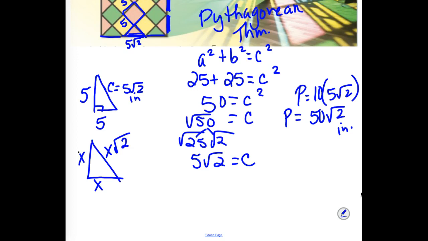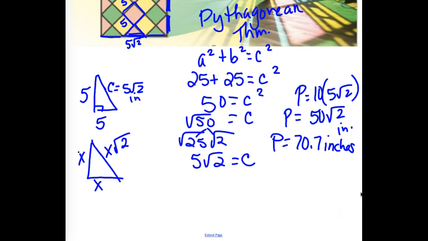Anybody? 70.7. Thank you. You should get in the habit of including units when they're given to you. So we would say 70.7 inches. Okay? Questions on that?